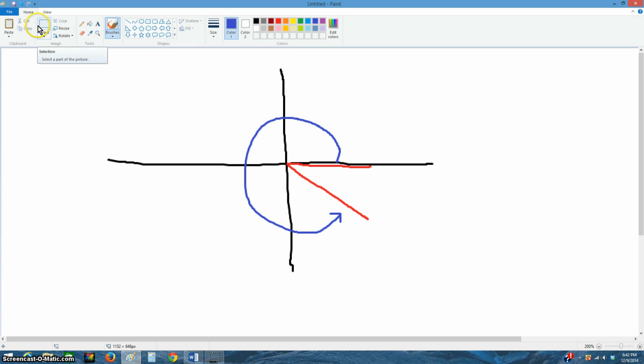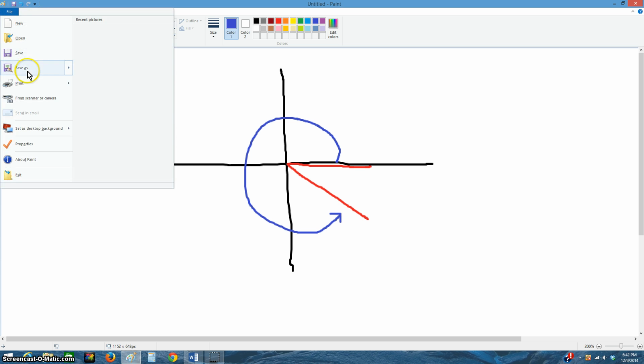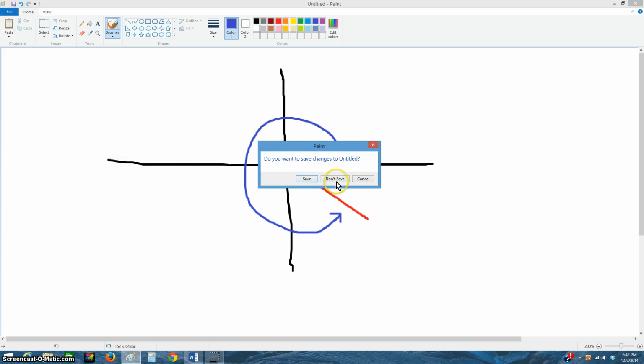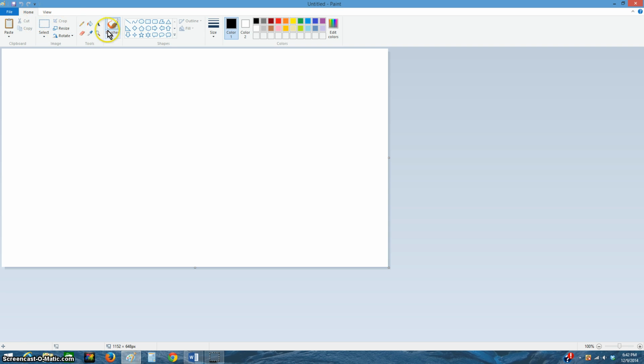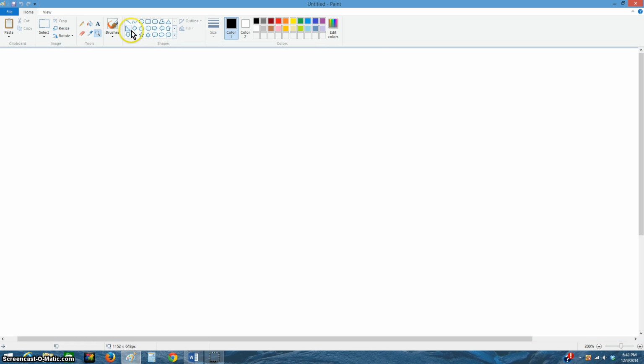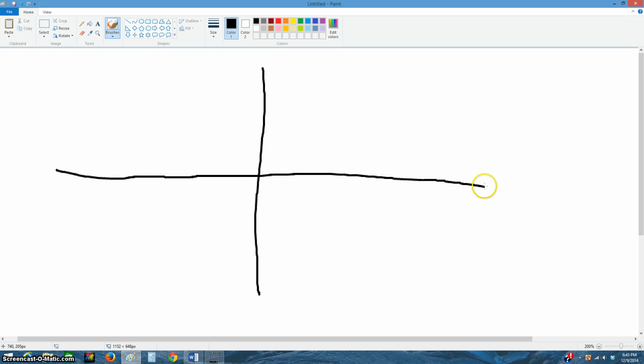Again, I'll show you another representation. Let's clear this. And we can have my x and y axis. And again, it is crooked. Okay, and then we could draw an angle somewhere in here.